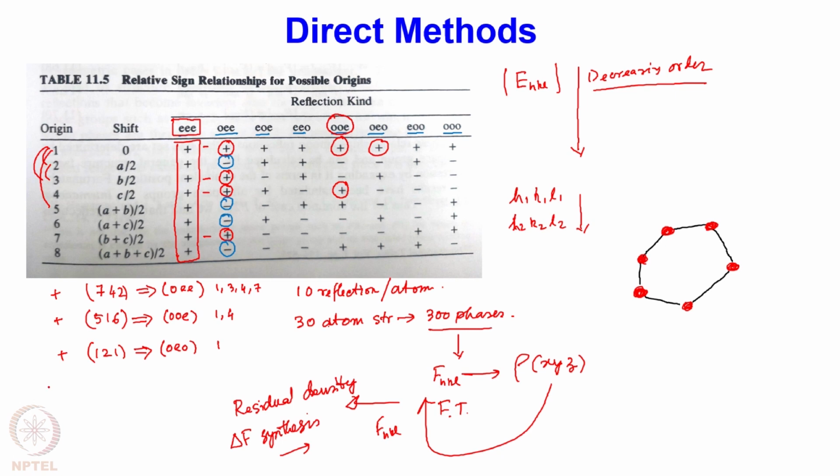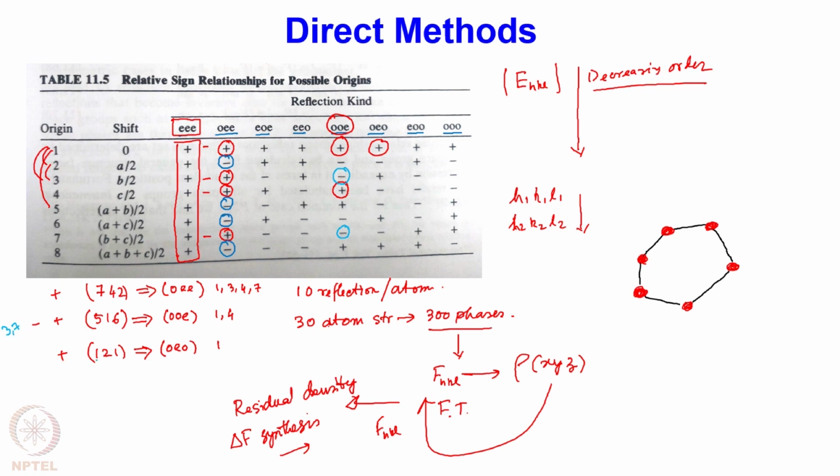So if the phase of 516 had to be minus, then the choices are different. So if we want to have a 516 to be minus, so with plus sign of 742 here, 516 minus is possibility here, which is 3, and the possibility is 7. That is the choice of origin.